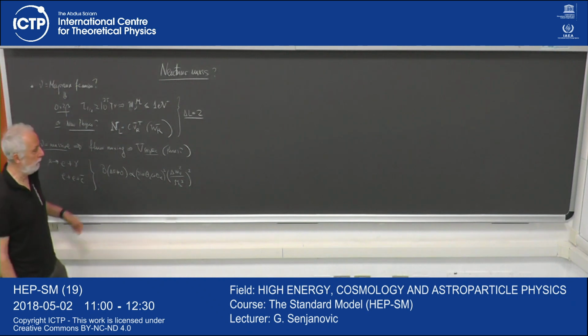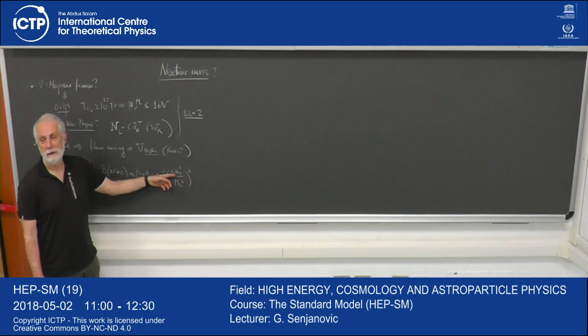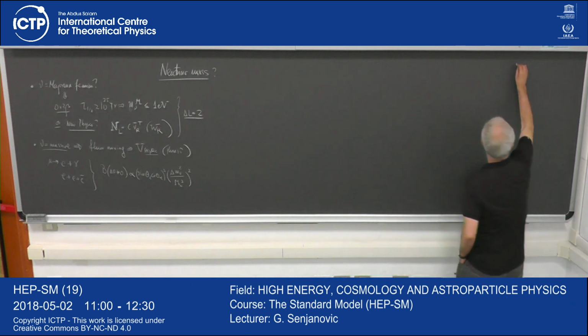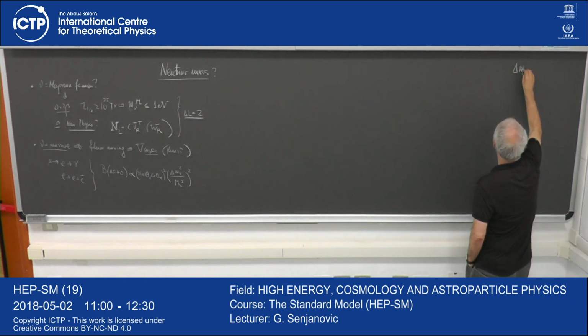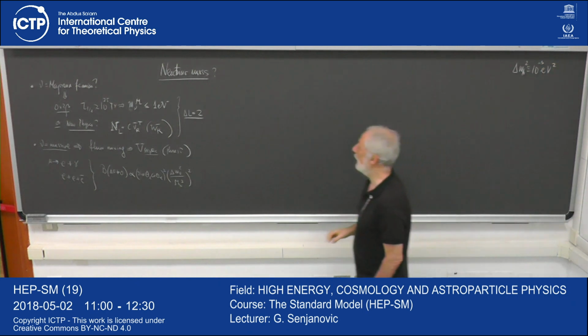This is a terribly small number. This is of the order of 100 GeV. Square it, you get 10 to the 4 GeV squared. This number is the largest mass difference, 10 to the minus 3. It's in the atmospheric neutrinos, it's 10 to the minus 3 electron volt squared roughly. We can revisit that a little bit.